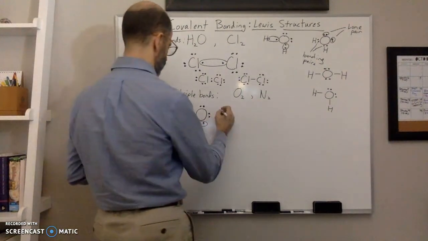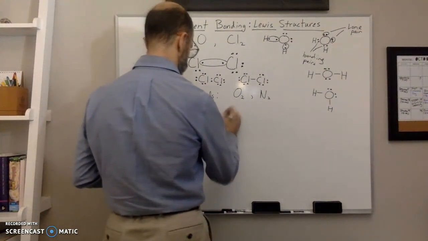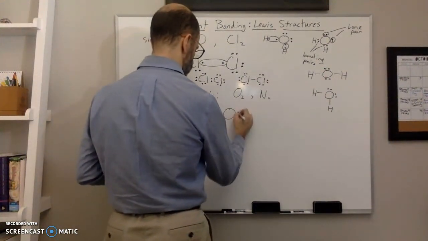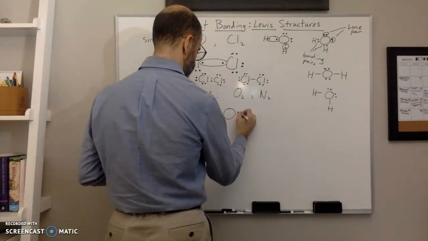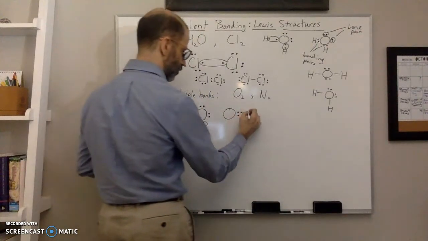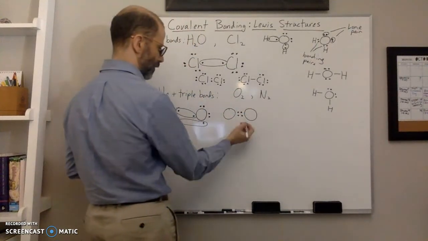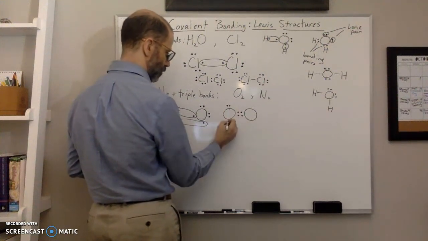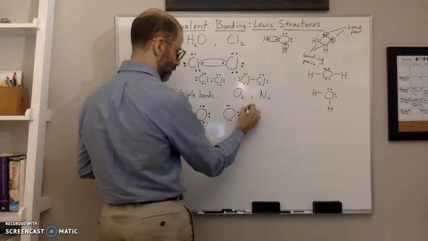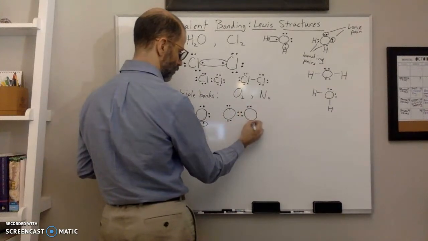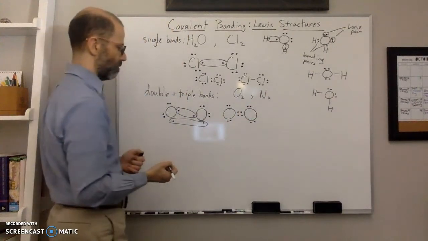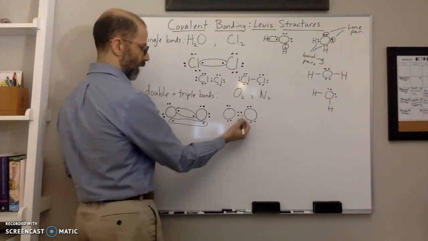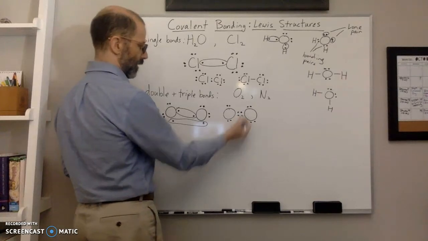So you can write it like this: you could have your 2 oxygens with both pairs in the middle, and then you have your 2 lone pairs on each oxygen, like so. So you got your double bond because you got 2 pairs.